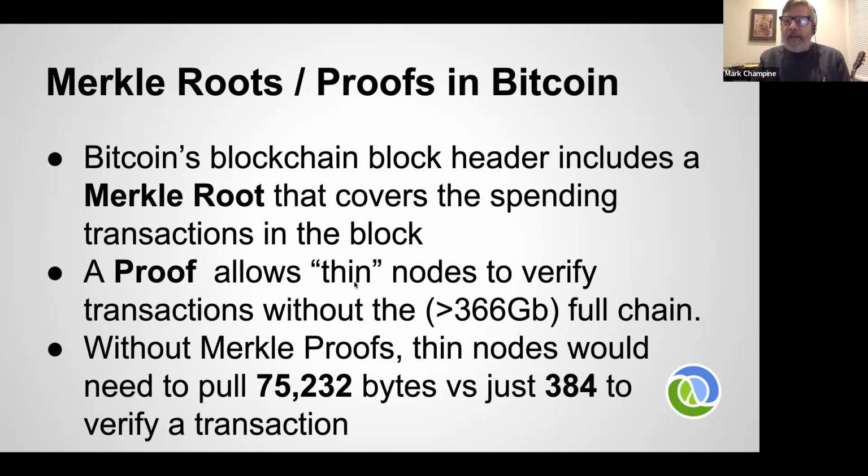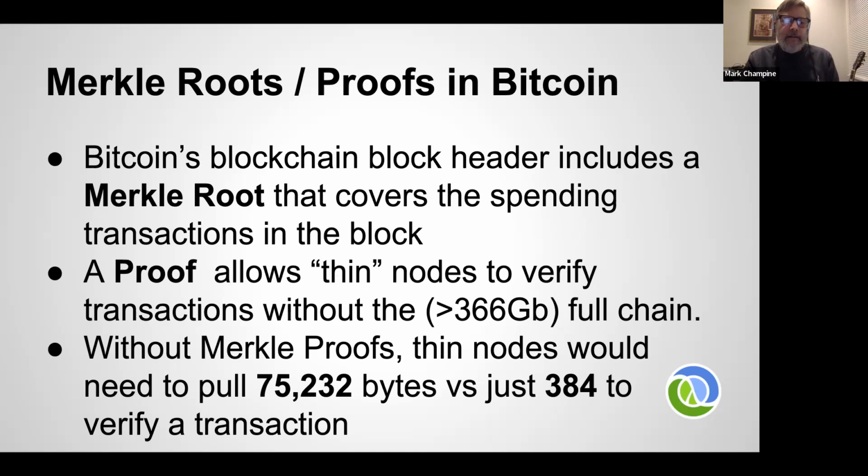The context in which this occurs is so-called thin nodes. We'll see this in a bit also: in a Bitcoin blockchain, there are many kinds of nodes. There are full nodes that have the entire blockchain, including all transactions.